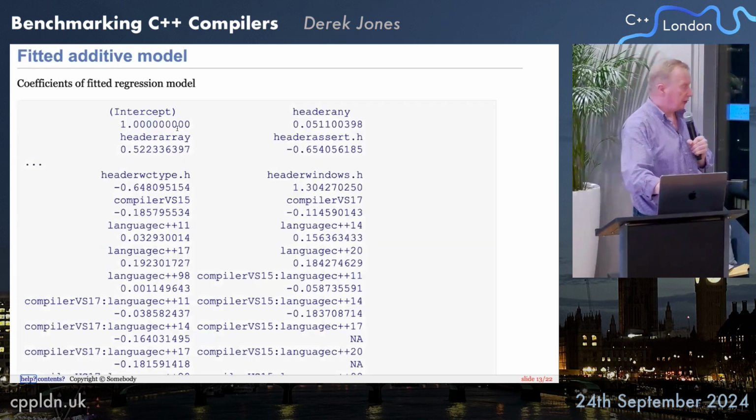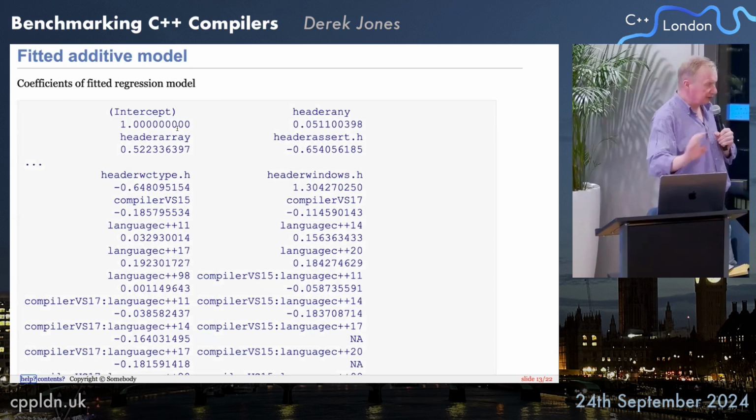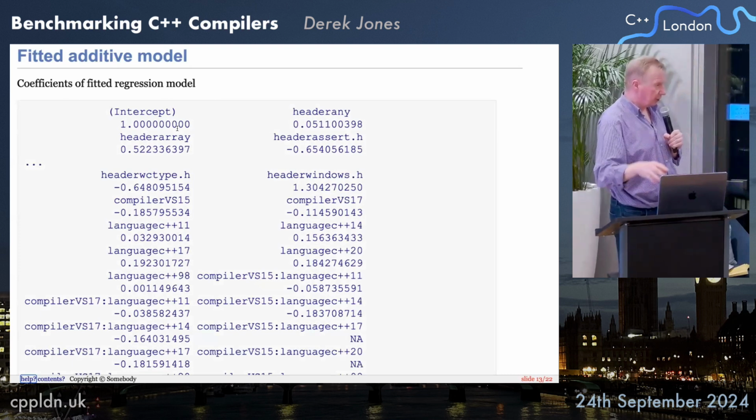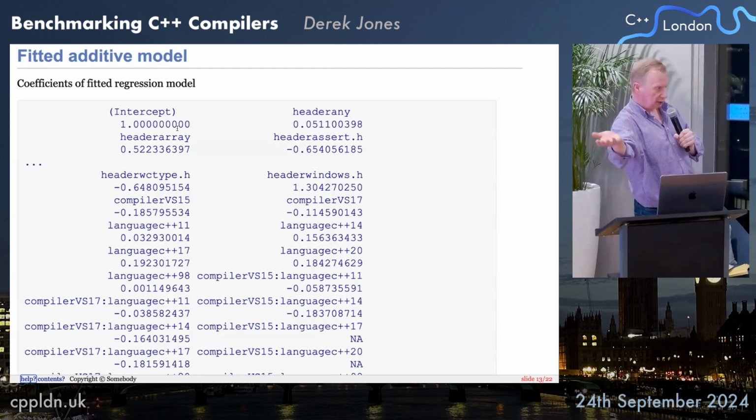So these numbers, it's really about relative values, because obviously if you ran on a different system with a faster CPU or whatever, the numbers are going to change. So the reason it's been normalized is you want to have a relative value. How much faster is this compared with that?